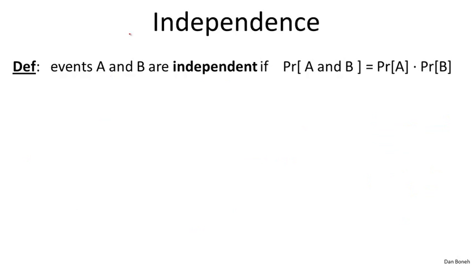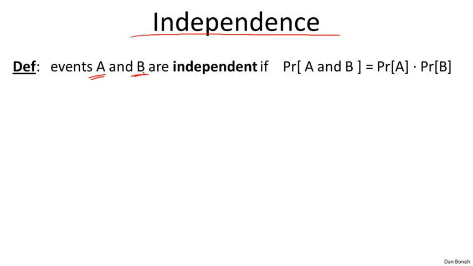So the next concept we need is what's called independence, and I'm going to very briefly define this. If you want to read more about independence, please look at the Wikibooks article. Essentially, we say that two events A and B are independent of one another if when you know that event A happens, that tells you nothing about whether event B actually happened or not.